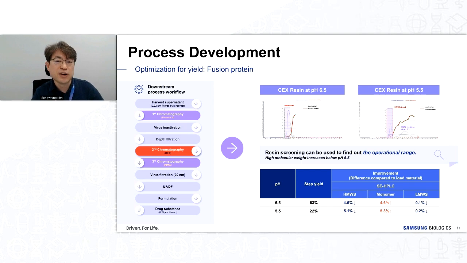Additionally, we determined the right pH level for optimal performance, which is possible because various pH conditions are included in our resin screening. In this instance, pH 6.5 is shown to be the optimal performance, resulting in substantially higher yield and purity.